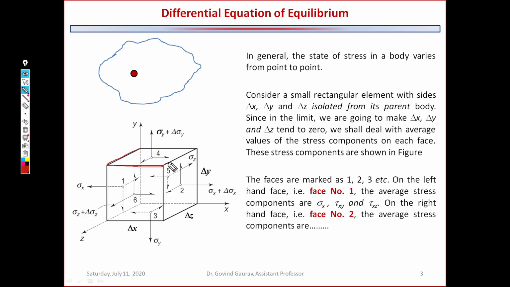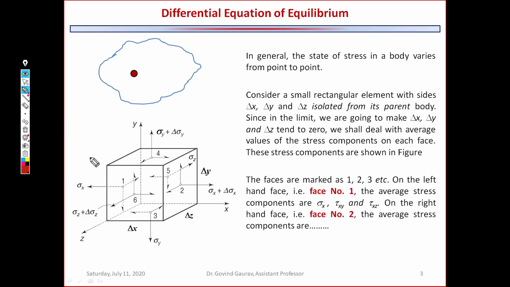Similar to this plane, if we consider this plane, again this small element will be subjected to one value of the normal stress, which is sigma y plus delta sigma y. The other values would be the shearing stress in the x direction and the shearing stress in the z direction.